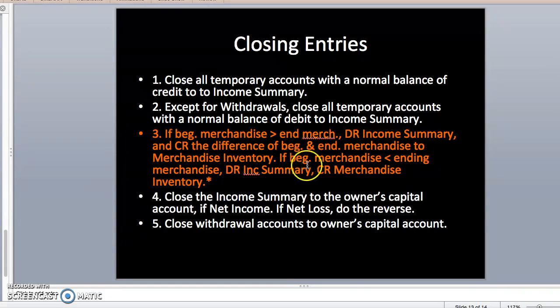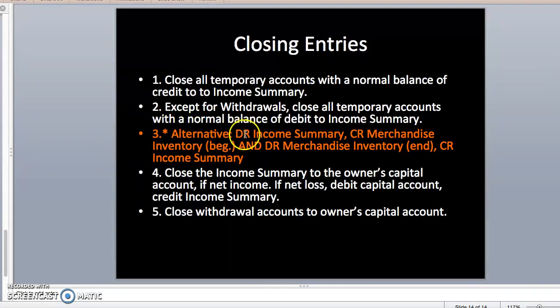However, if the beginning merchandise is smaller than the ending merchandise inventory, then we'll have to debit income summary and credit merchandise inventory. Or another alternative would be to simply debit income summary, credit merchandise inventory beginning. That's one journal entry, and then add another: debit merchandise inventory end and credit income summary.